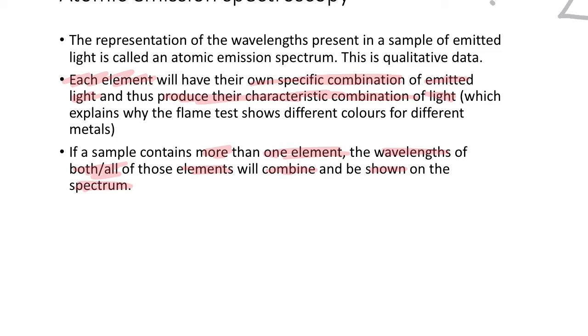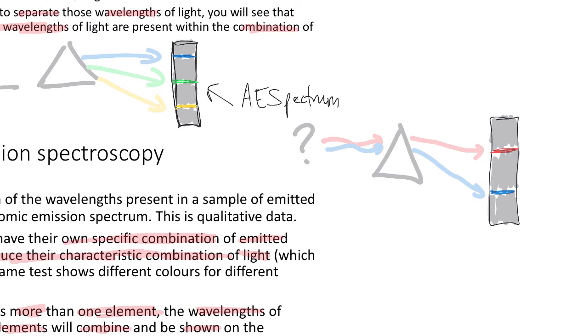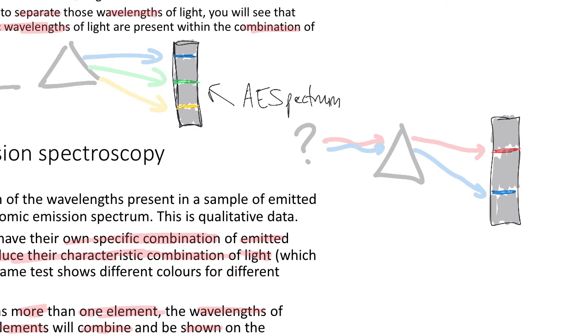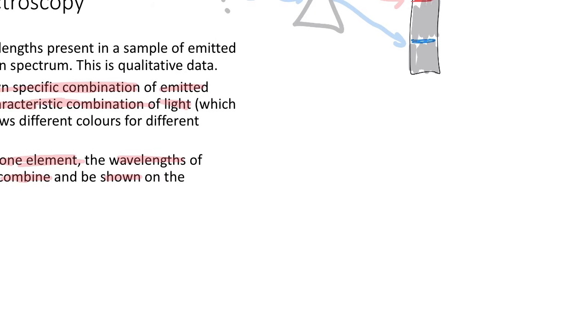Okay, so we've just had two samples here, all right? One producing blue, green, and yellow, and another producing red and blue, all right? So if we were to have a sample with both of those things, it would have red light going through it, blue light going through it, green light in it, and yellow light, okay?